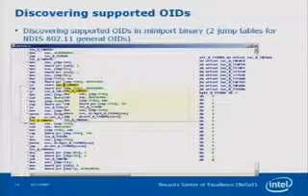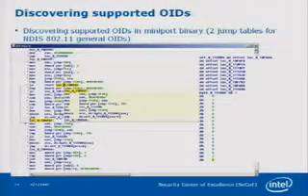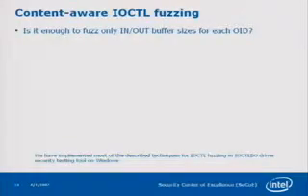This example of IDA Pro screenshots gives a way to identify all general NDIS 802.11 OIDs in the wireless LAN driver binary. I will jump over this slide and describe this in more detail in the white paper.